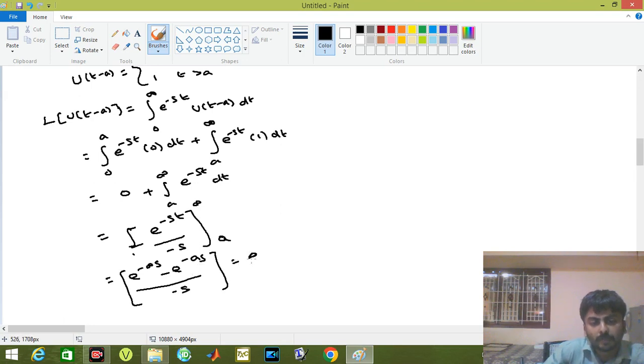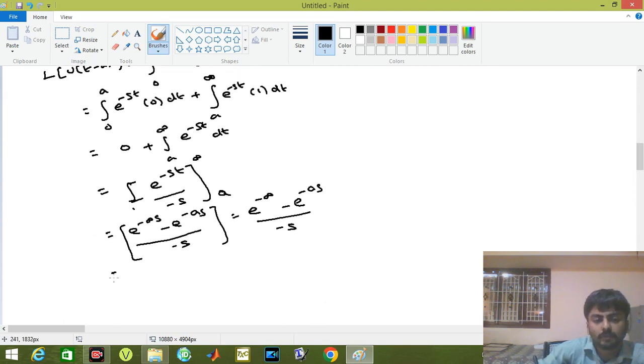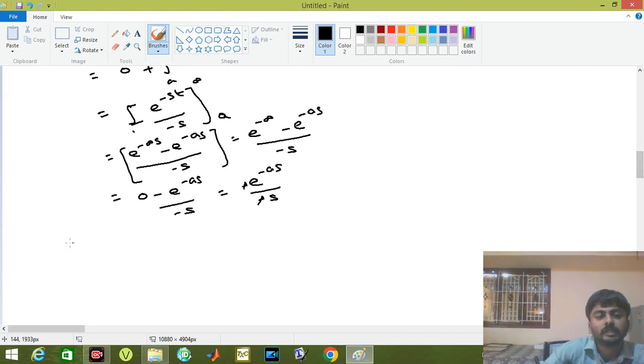Infinity into anything will become infinity, so e power of minus infinity minus e power of minus as divided by minus s, okay, and that will give e power of minus infinity equal to 0, so 0 minus e power of minus as divided by minus s, that is equal to minus e power minus as by minus s, these two minus will get cancelled, therefore we get L of u of t minus a equal to e power of minus as by s.